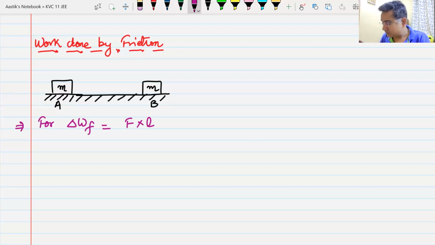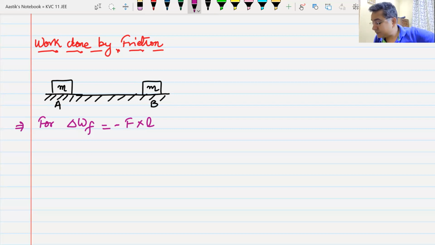And here you will use cos of 180, so you can write it as minus F times the distance, because the force is always going to be opposite to the displacement. It will not be at an angle also. The body is moving like this, frictional force is acting opposite.